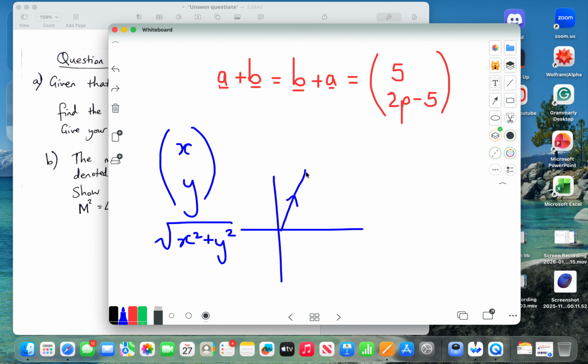Now, if you make a triangle, and you know that this is x, because it goes x along and it goes up by y, then you want to find the magnitude, and we mean by magnitude the length of the vector, which in this case would be the hypotenuse if you made it into a triangle. And we use Pythagoras.